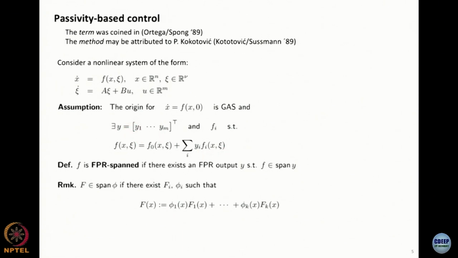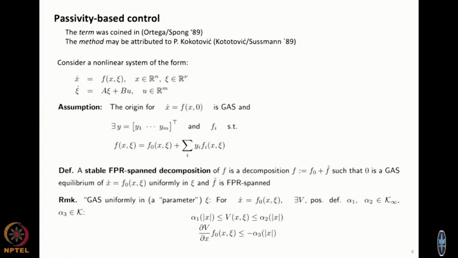So you have f0 plus f1 y1 plus f2 y2 plus f3 y3, etc. So the nonlinearity has to have this special structure. And then they say, well, I'm going to call f a stable FPR span decomposition.